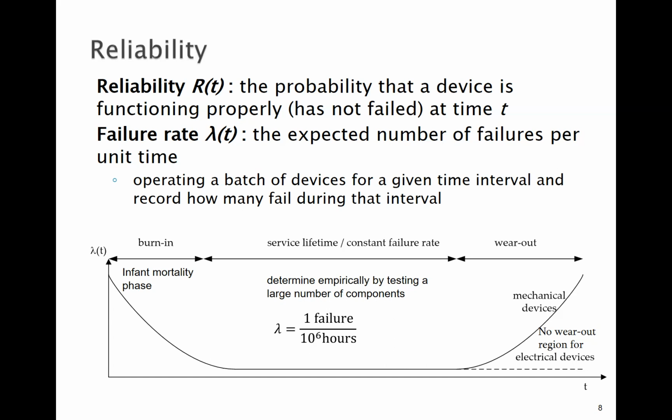That's due to the fact that there may be many defects when we turn on the device and try it the first time. So the failure rate is higher when we start, and it decreases slowly. And at some point here, the failure rate becomes constant. Then it continues for a very long time. This phase is called the service lifetime.